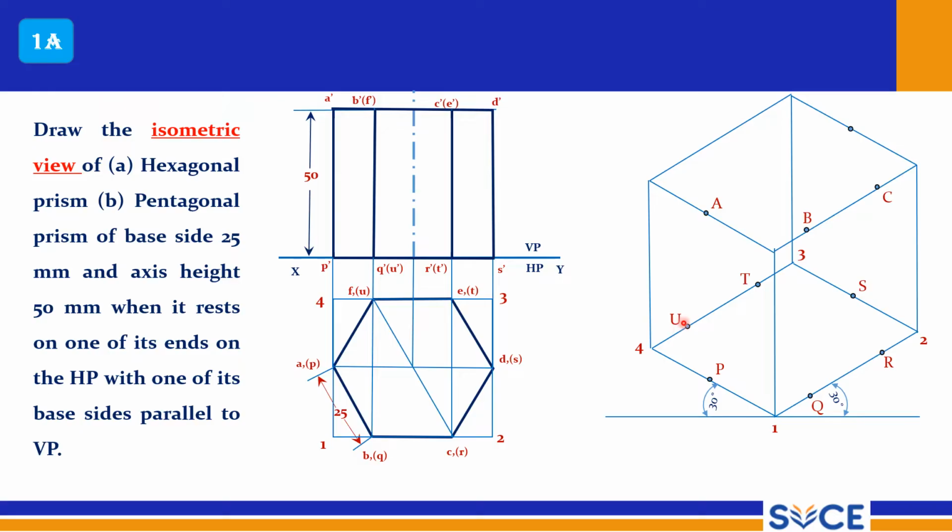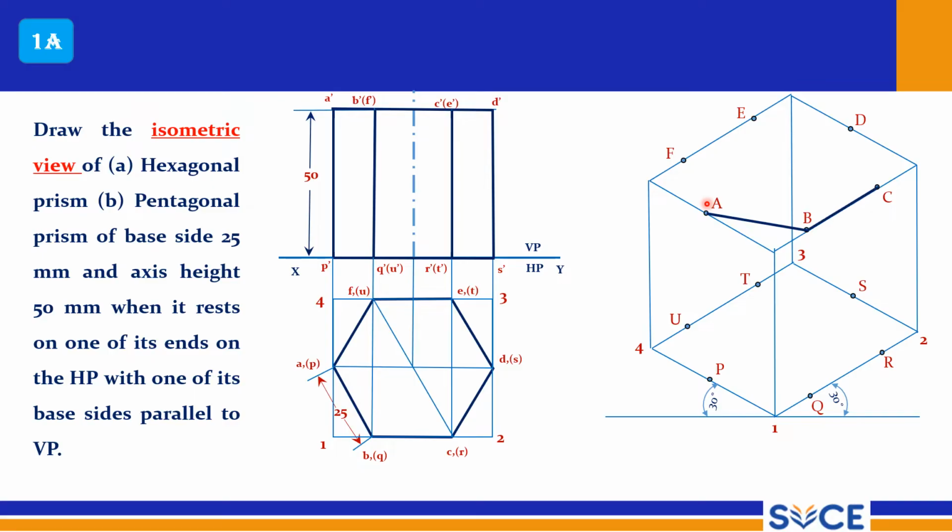You get point F, P can be projected to get point A, and Q can be projected parallelly and vertically. So you get B, C, D, E and F. All the points of the top face you can get like this.